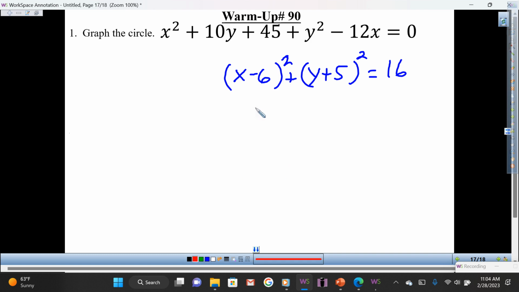And with that, we can get our center for the circle and the radius for the circle. What's our center, Lorena? 6 and -5, that is correct. And the radius? 4, that is correct. So when you plot that at 6, -5, sketch a point in all directions. That's how you get your circle.